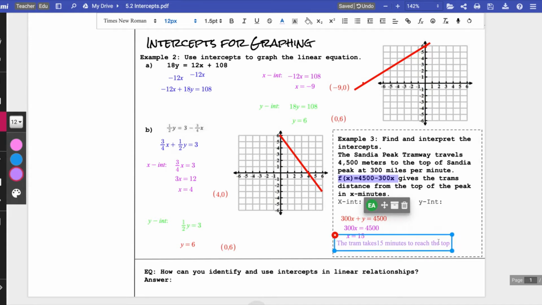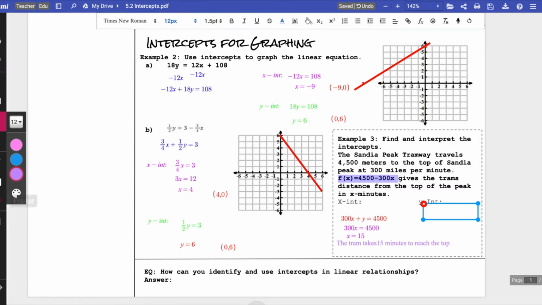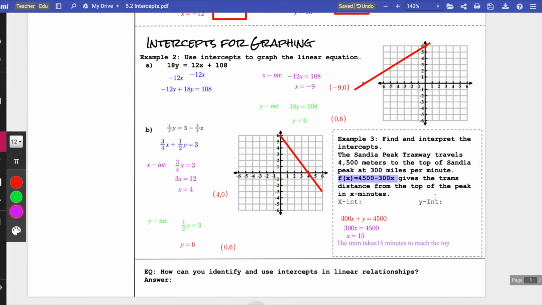So that's what we just explored. So now I got to find the y-intercept doing the same thing. But this one is just, if I get rid of the 300x, I just have y equals 4,500. It's pretty easy. And what does 4,500 represent in this equation? Well, 4,500 represents the top of the peak. So that's where they're going.